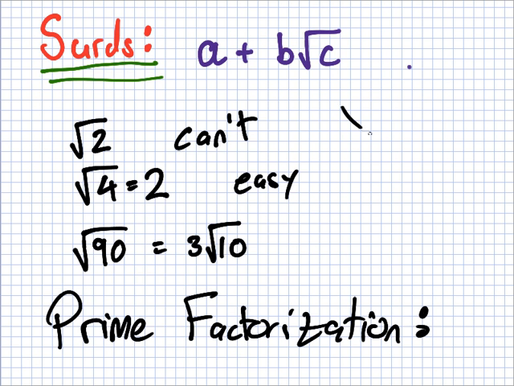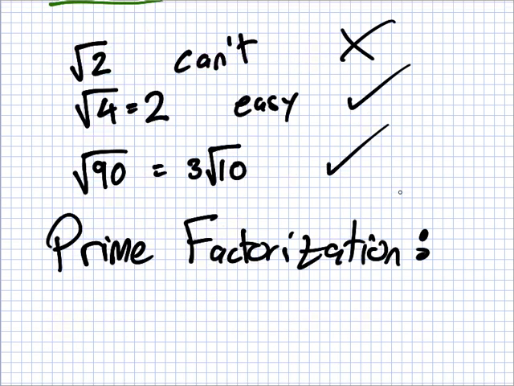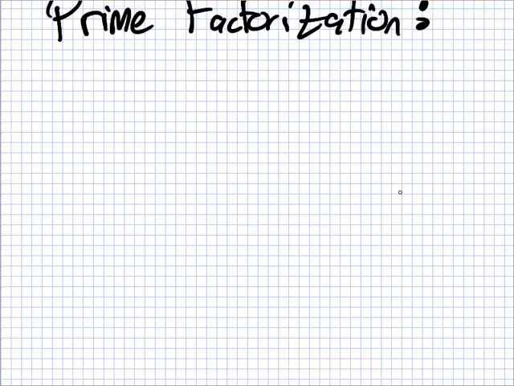This one here is a little bit harder. Let's say I want to simplify something like square root 245. It's a little bit tricky, and you can do this in your head, but if you need a little help, how can we approach it?